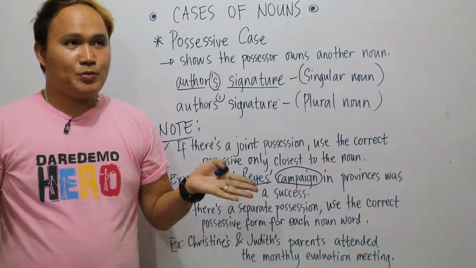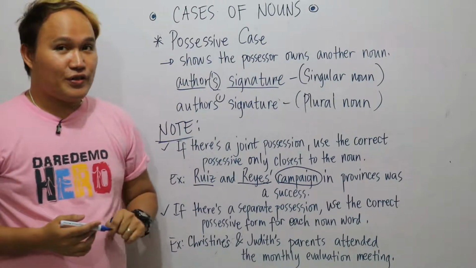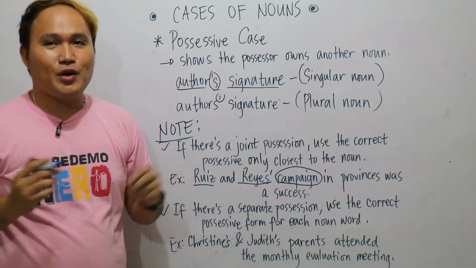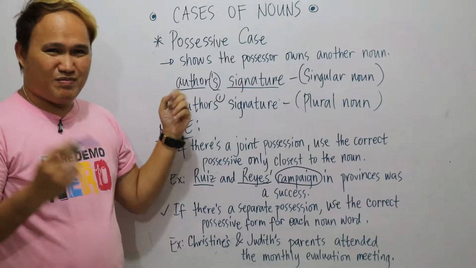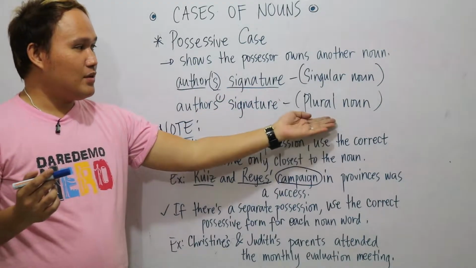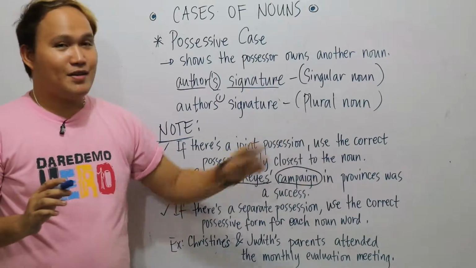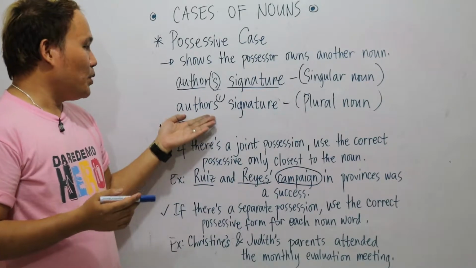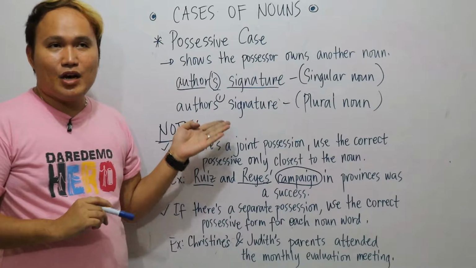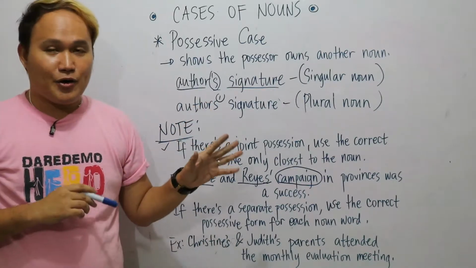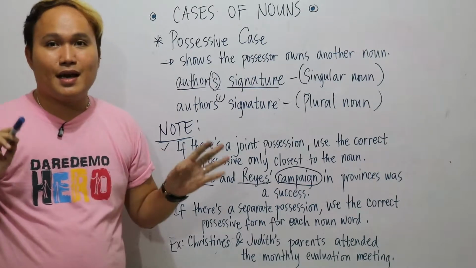If we interpret it another way, we might ask, whose signature is that? It's the author's signature. Now another thing to consider is the plural noun, meaning many, not just one. For a plural noun, which usually ends in the letter S, you don't need to put another S to indicate possession.